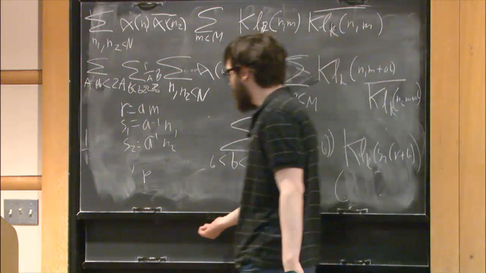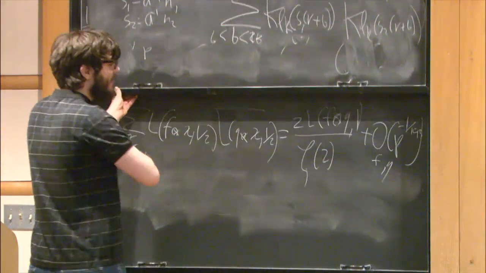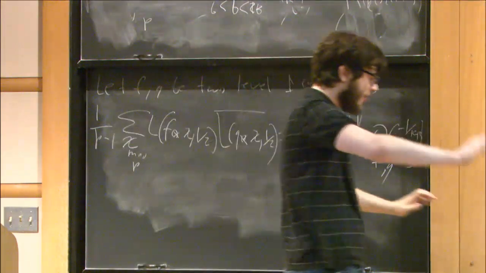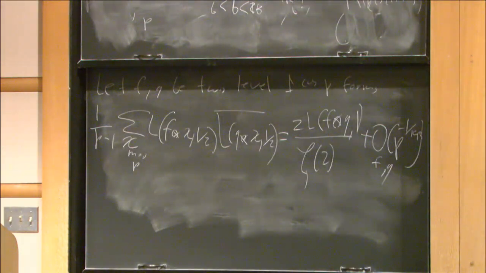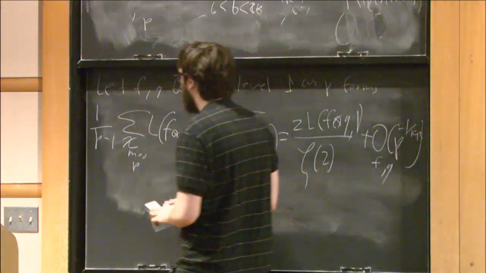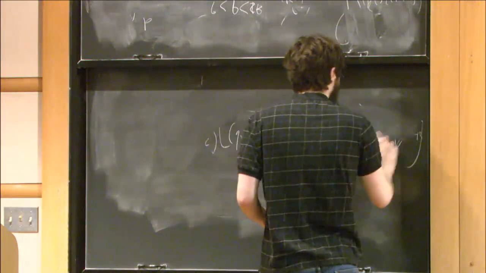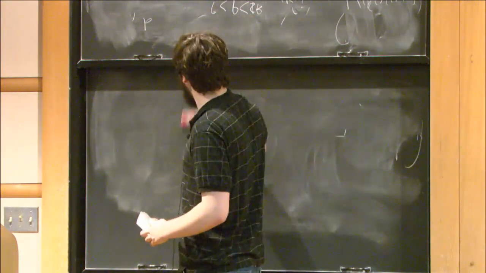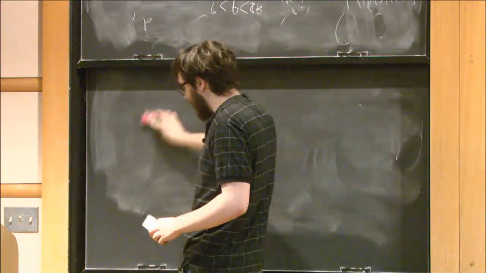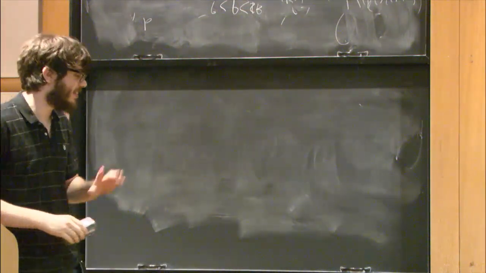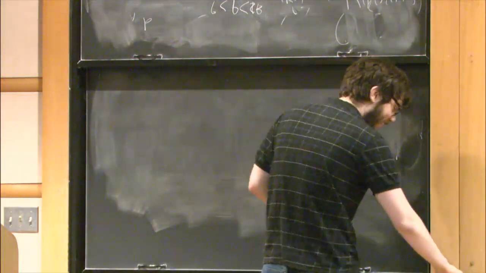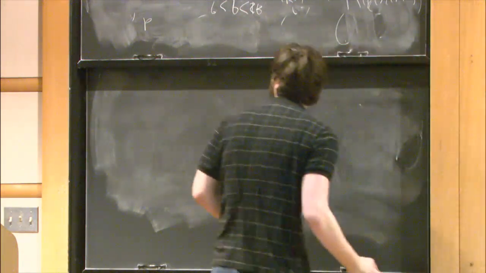So I will state the result that is now entirely just a result about Kloosterman sums that is needed to make this argument work. And I will state it as a lemma, because I think no one in the entire world would ever consider this statement except for its application to these bounds.